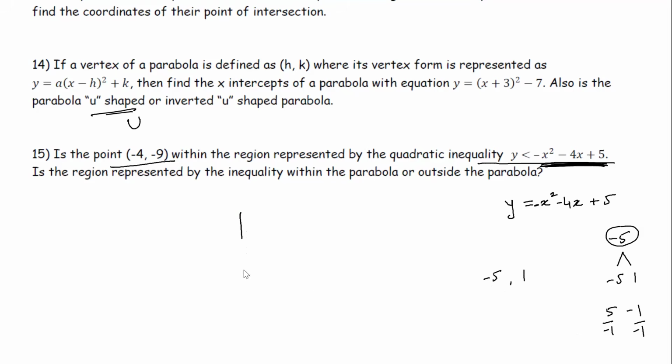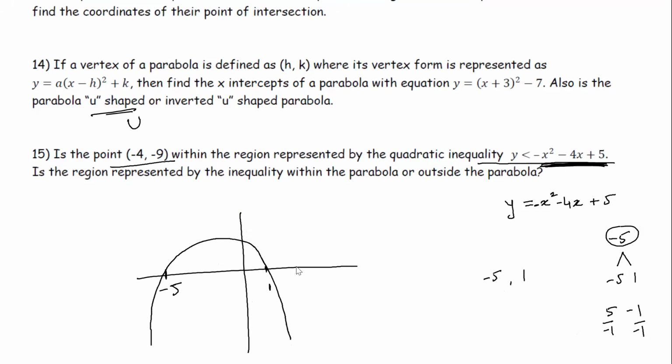So I know that at -5 and 1, I have an inverted U-shaped parabola, correct? And because it's lesser than, everything within this region counts. So for the point -4, -9, -4 is somewhere here and -9 is somewhere down here.